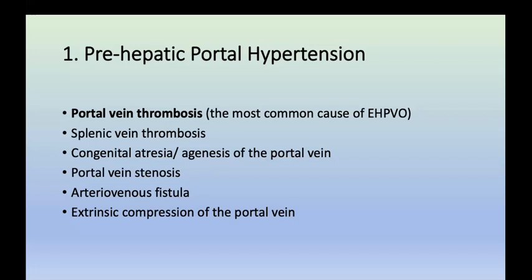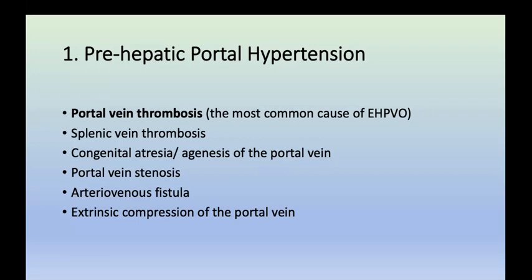Apart from that, you will see thrombosis in the splenic vein, or there can be congenital anatomical problems in the portal vein as well, like atresia, agenesis, and stenosis. There can also be an abnormal connection between the arteries and the venous system, creating an arteriovenous fistula.